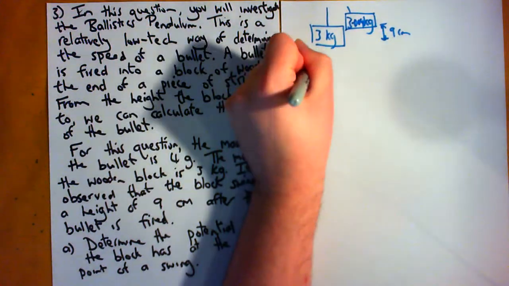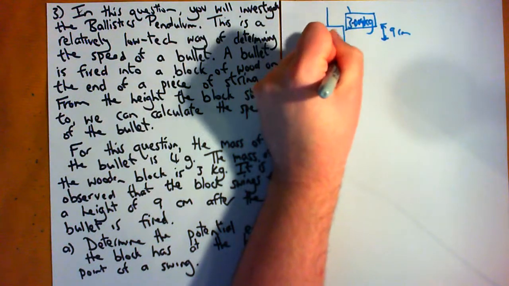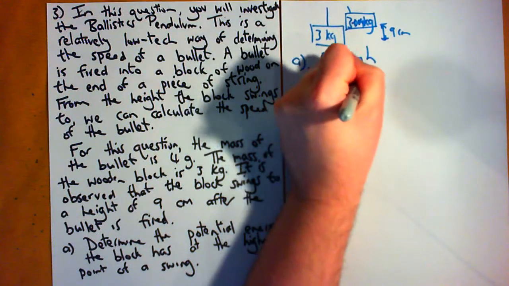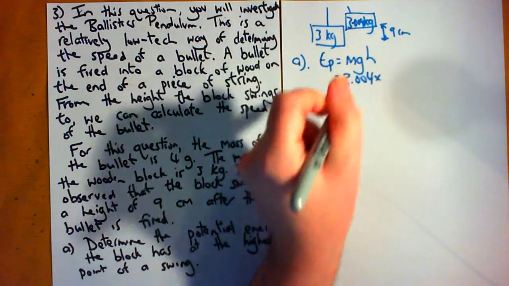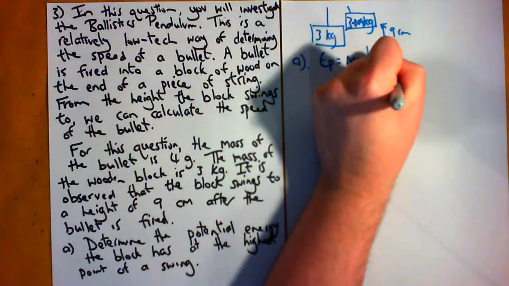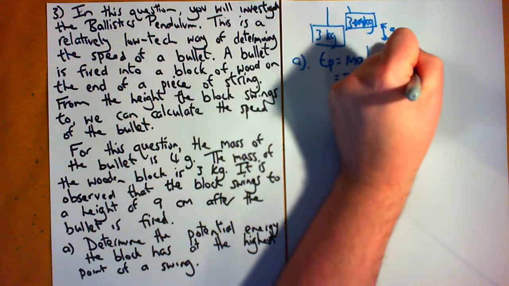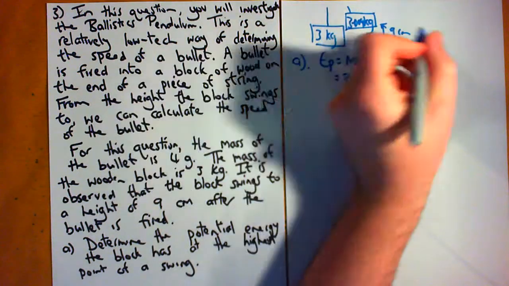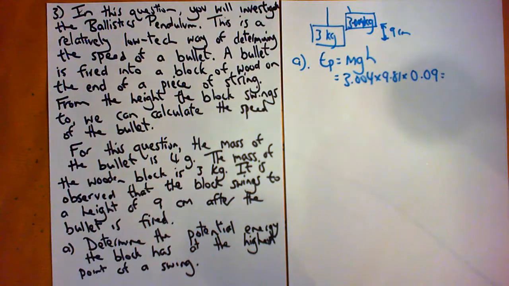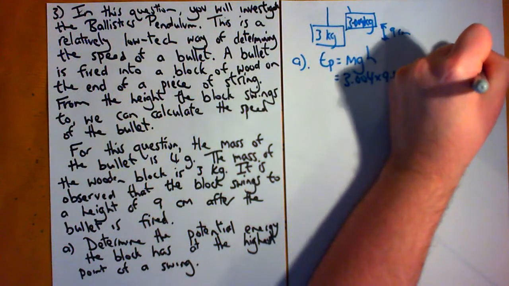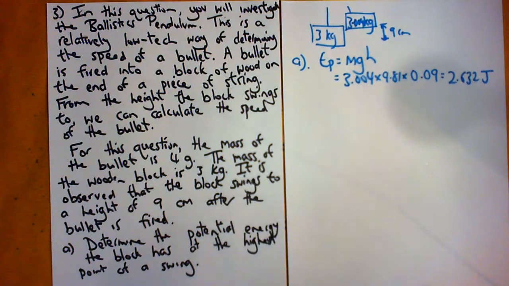So for part A, potential energy is mgh, which is mass 3.004, because we're talking about the whole object, times 9.81 multiplied by the height difference 0.09 meters, and if we calculate that, we end up with 2.632 joules. Okay, so that was question A.